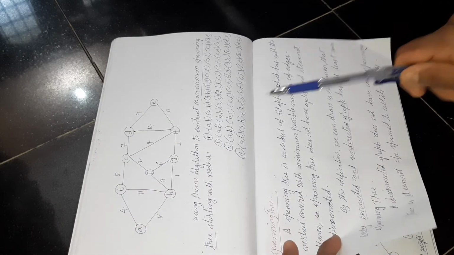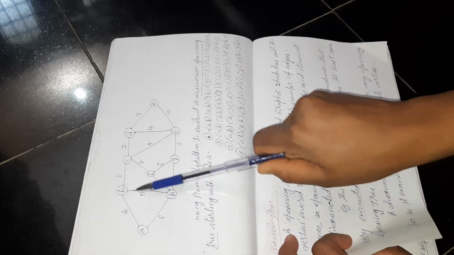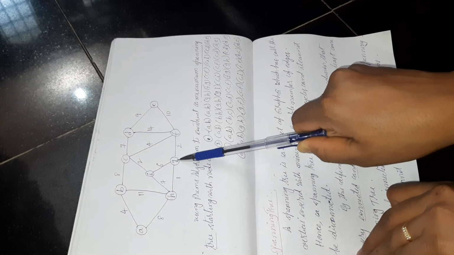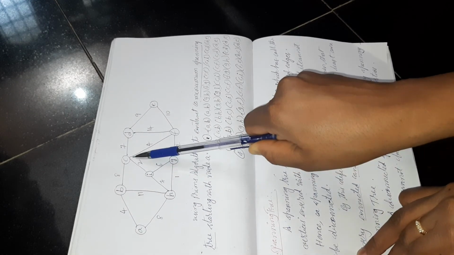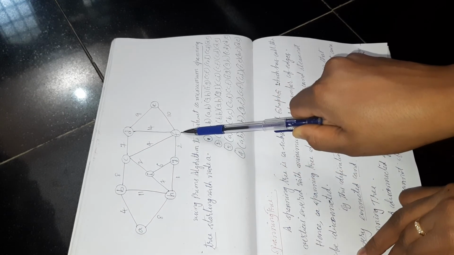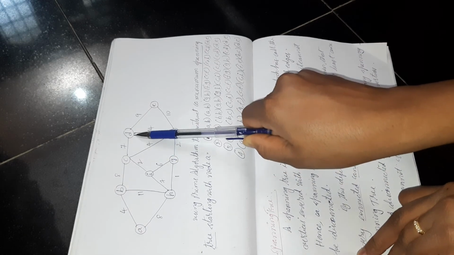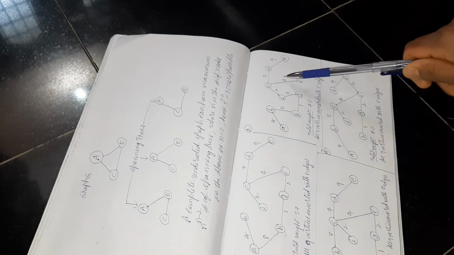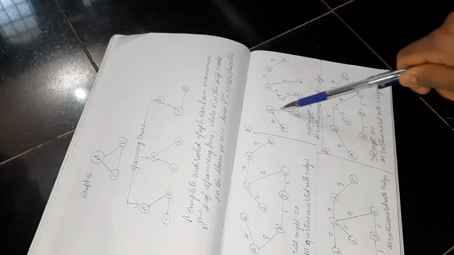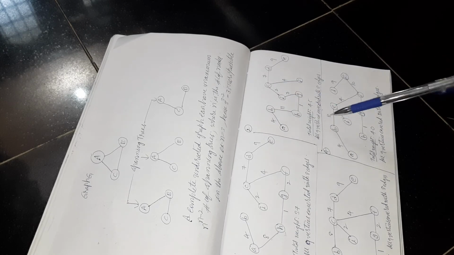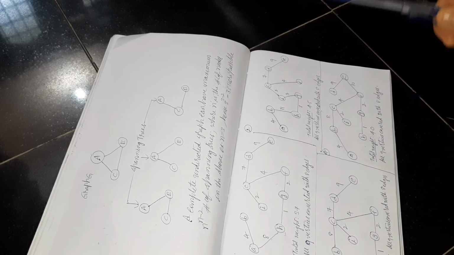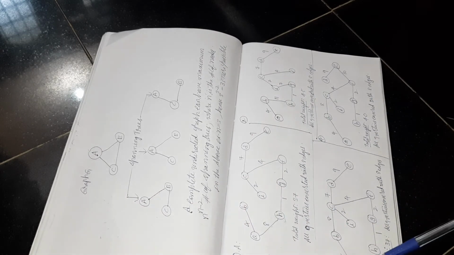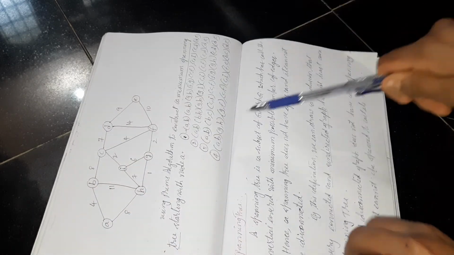Next option is AB, BH, GH, GI, CI, CF, CD and DE. This is the spanning tree of the second option. After adding, we get a total weight of 45. Next, the third option. This is the spanning tree of the third one.